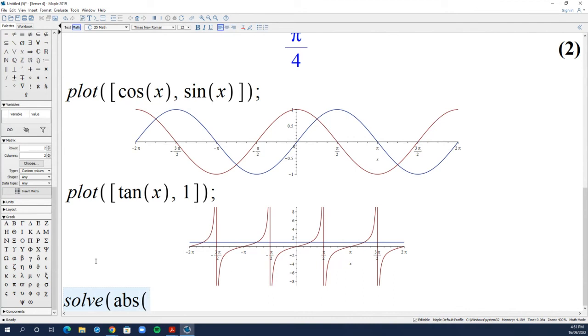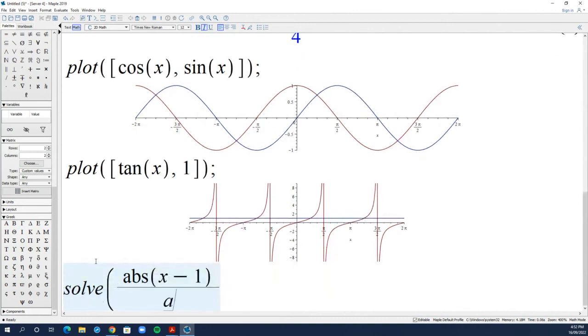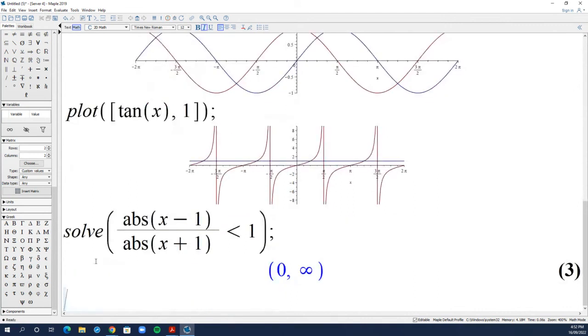Absolute x minus 1 all over absolute x plus 1, and it was less than 1, wasn't it? Okay, let's see what Maple says, and then we can plot it like Samuel suggests.